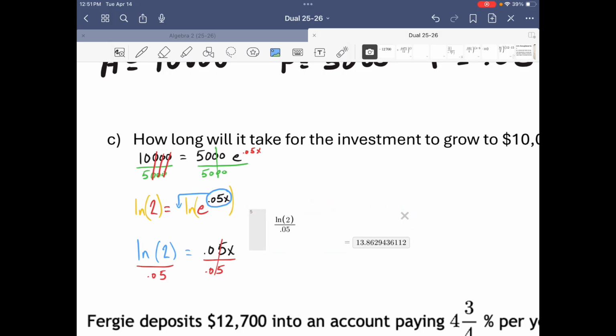The ln of 2 divided by 0.05 is 13.8. Right, that 0.8 right here makes the 13 round up to a 14. So this would be 14. Well, 14 years, but 14.